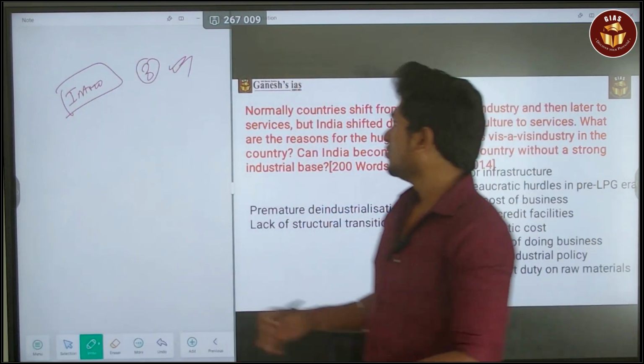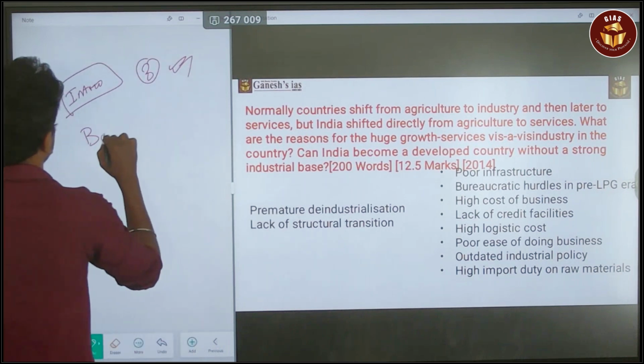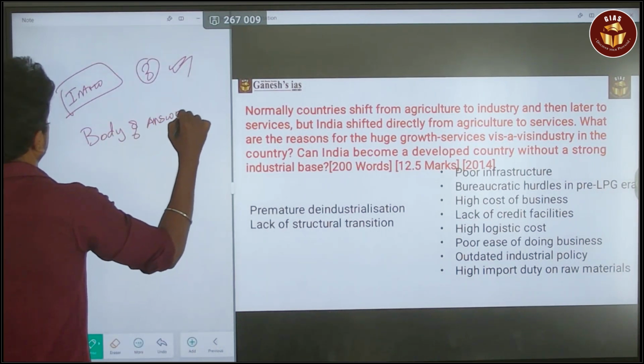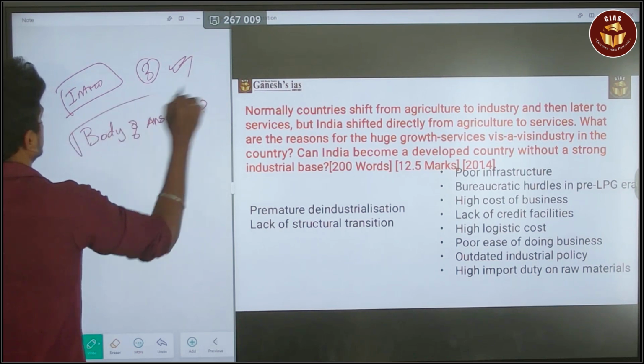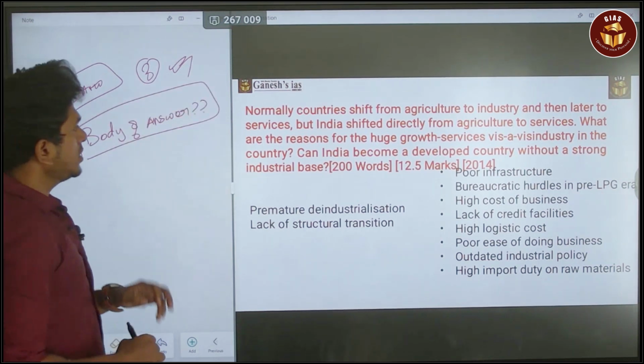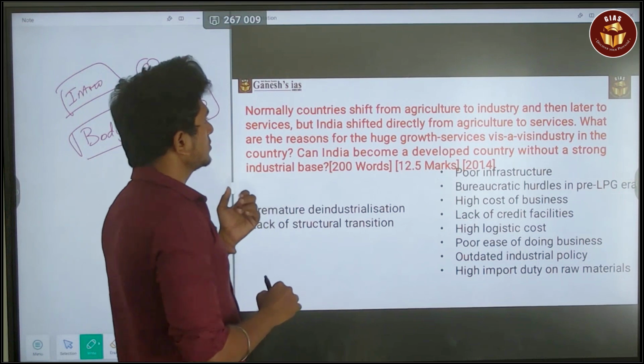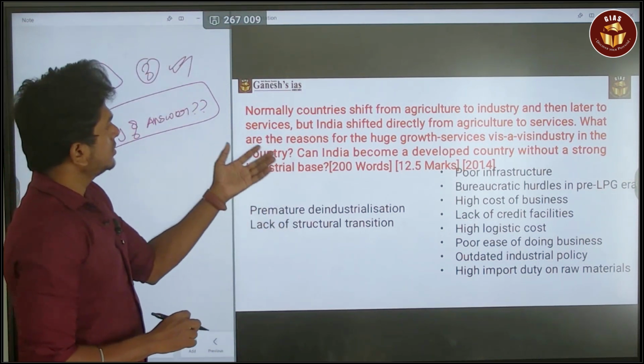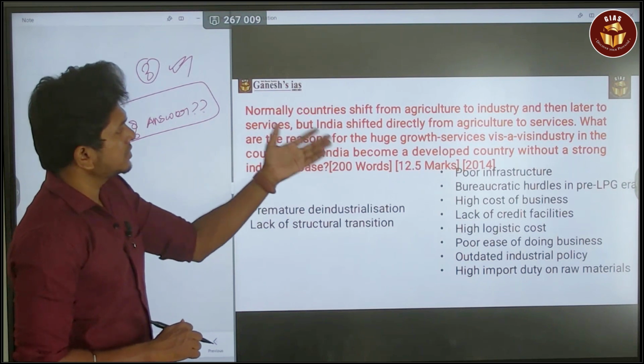Next thing, what is the body of the answer? Normally, India shifted directly from agriculture to services.